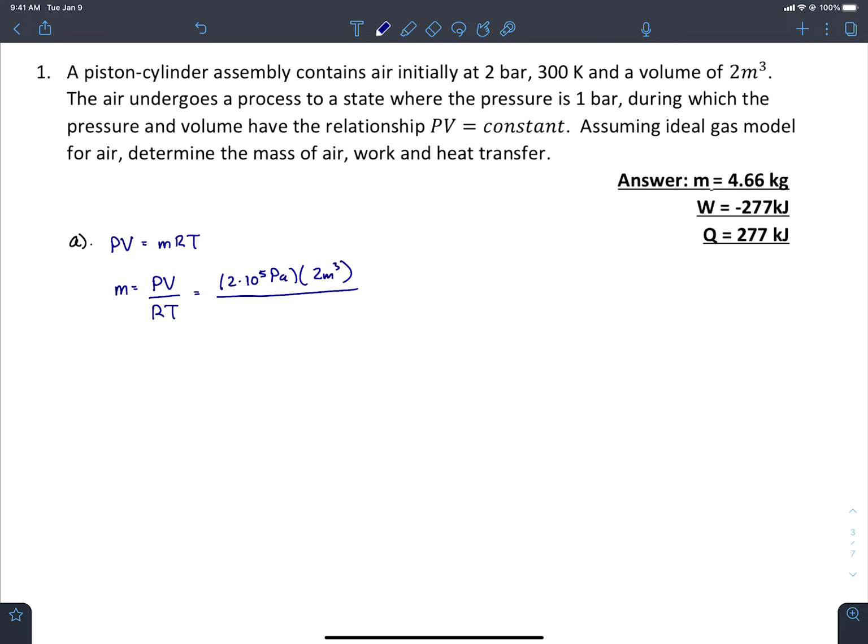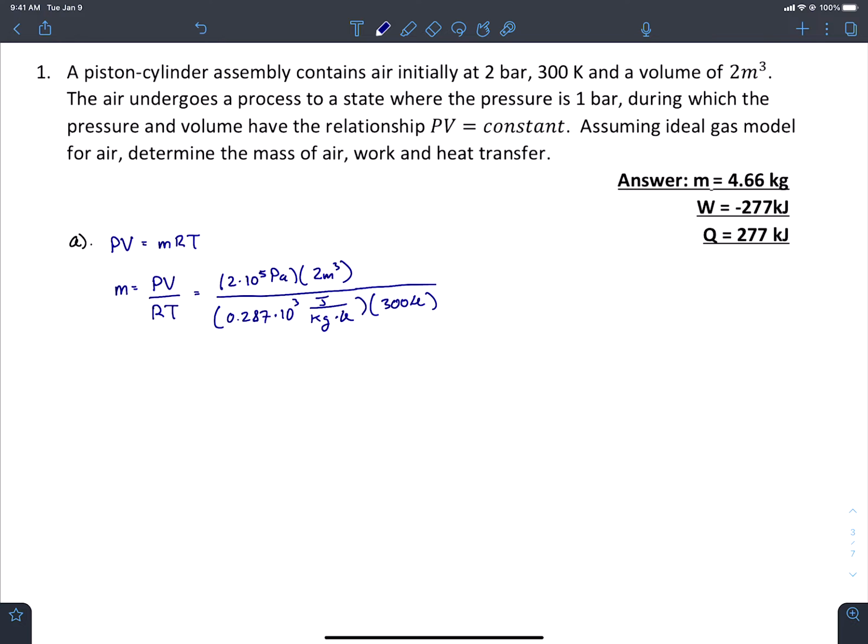over R, which is 0.287. Oh, wait a second. I think it's going to screw up the units, but times 10 to the 3rd joule over kilogram Kelvin times 300 Kelvin.